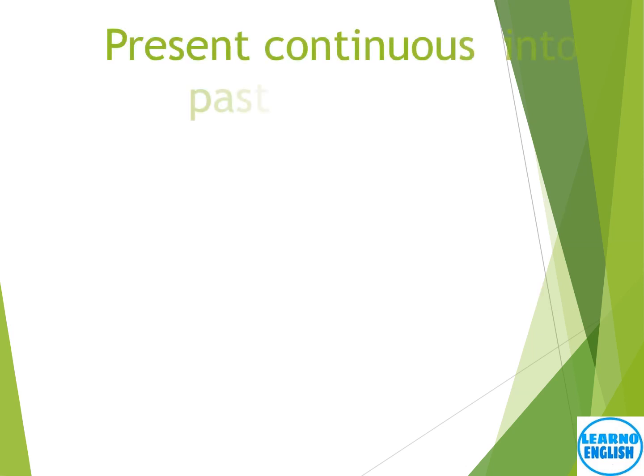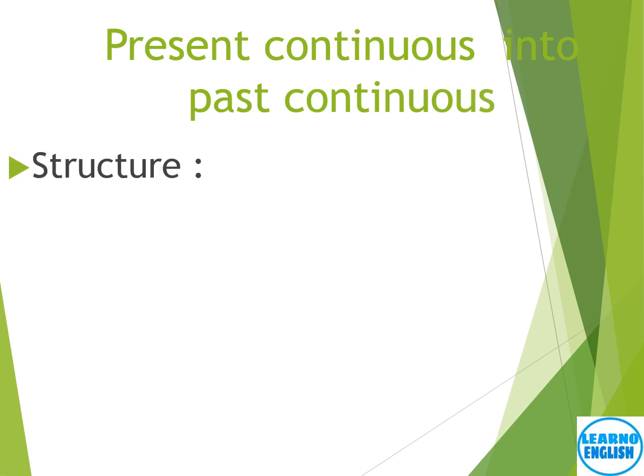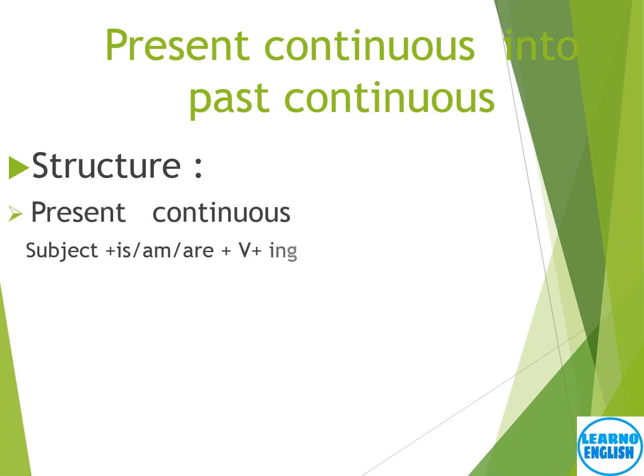Now let us see another one, present continuous tense. Continuous means work is continuing. That means in the verb we will have ing. And for identification of present continuous tense, is, am, are play a very important role.